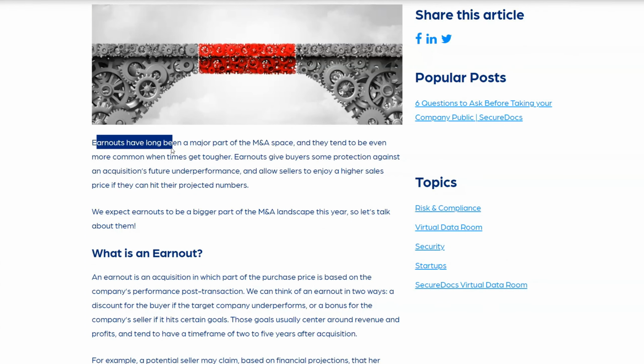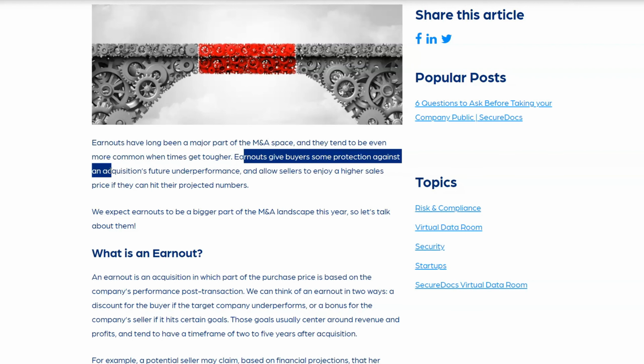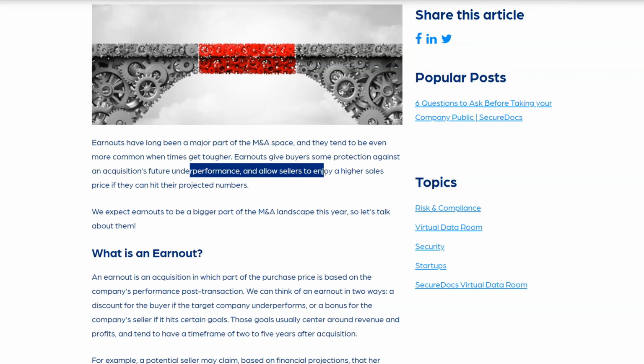Earnouts have long been a major part of the M&A space, and they tend to be even more common when times get tough. Earnouts give buyers some protection against an acquisition's future underperformance and allow sellers to enjoy a higher sales price if they can hit their projected numbers.